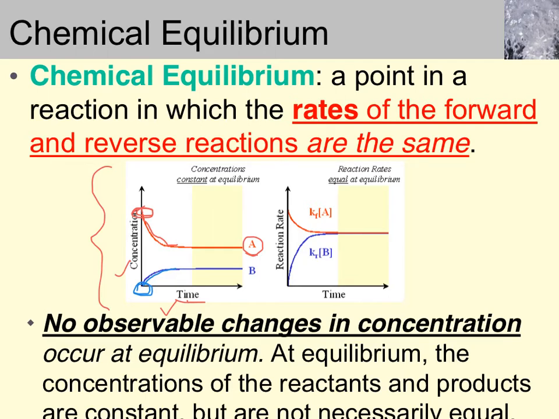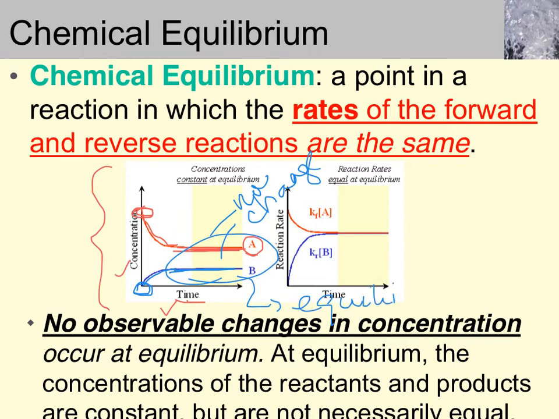So what's going on when we have these plateau areas? Well, clearly at the plateau area, there is no more change in the concentration of reactants and products. That is equilibrium. All right? So notice that the concentration of reactant and products are not the same, okay? And that's probably the most common misconception of students.